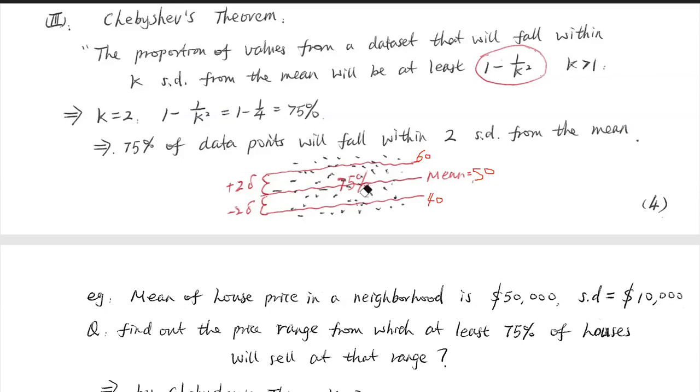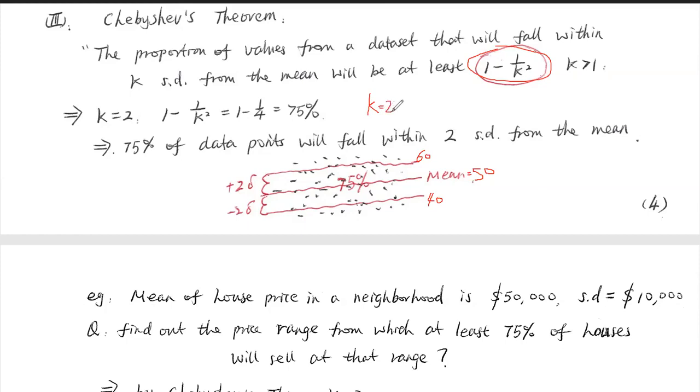So how do we get that 75? In the formula, you see 1 minus 1 over k squared. What does that mean? If k is equal to 2, let me write this down closer.